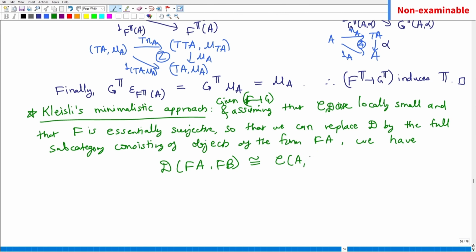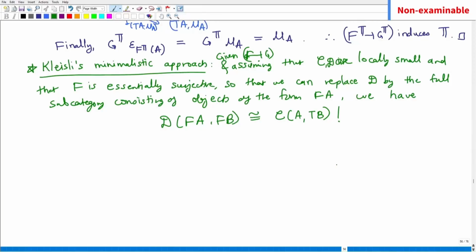GFB is nothing but TB. This observation is the crucial thing in Kleisli's construction. He says that if F is essentially surjective, then we have this identity. So what should D be? He's trying to understand D in terms of C using this bijection.